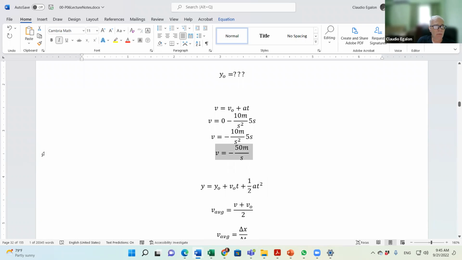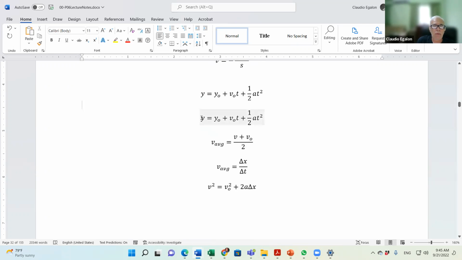I didn't ask you to solve the velocity, but it's still a good exercise to see how those equations work. But if you want to find the height of the building, you should be using this equation right in here. So let's see where it leads us.